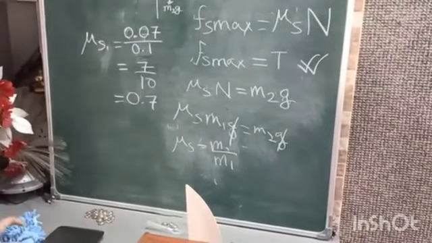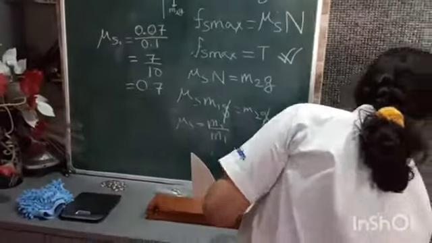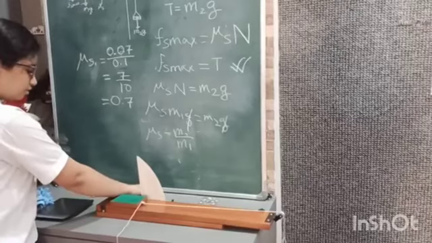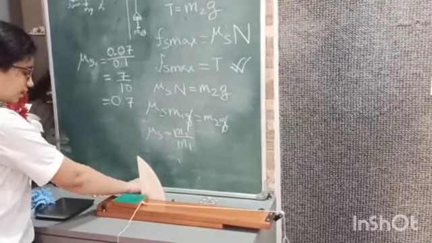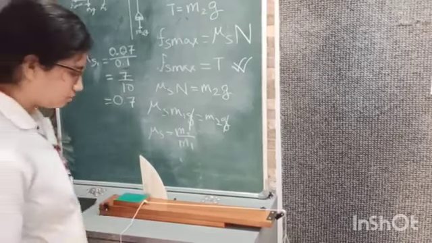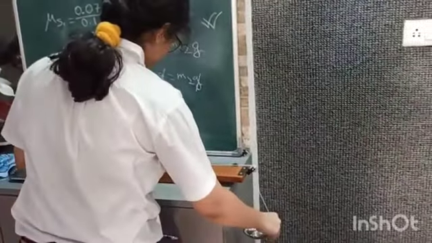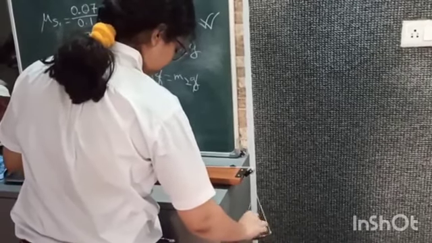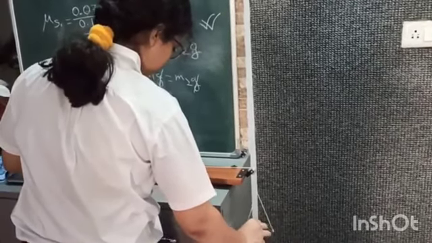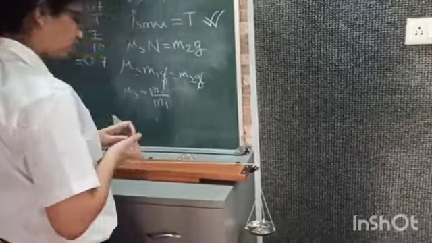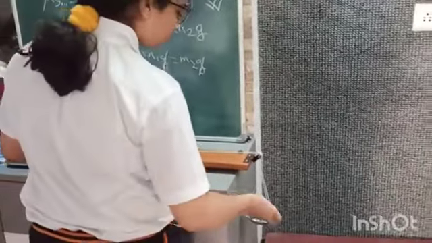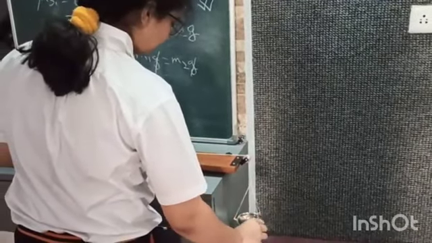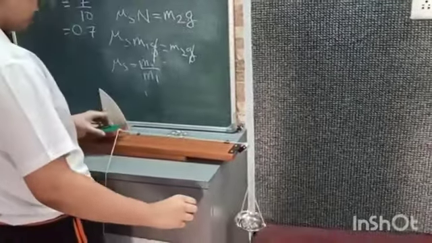Now I will use this wooden surface. Let me take all the pebbles off, and I will start putting these pebbles on. As you can see, the body has still not started moving. Now let me see. Yes, it has just started moving.